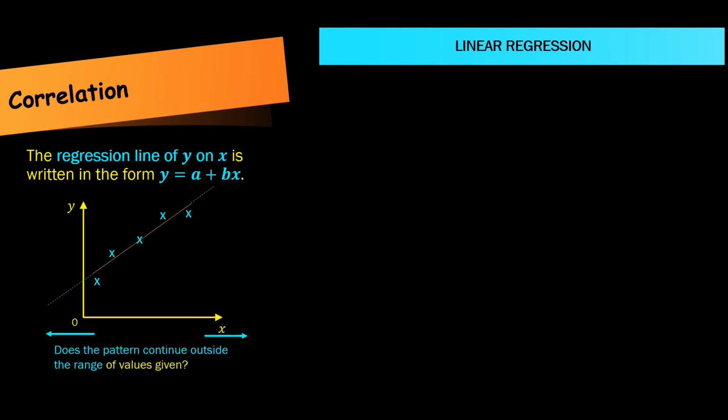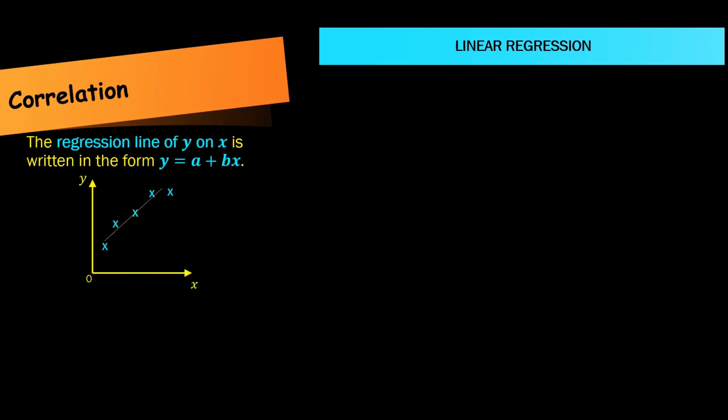However, we need to ask ourselves, does the pattern continue outside the range of given values? If we are estimating values using the line outside this range, it is less reliable. Let's now consider the formal definitions of interpolation and extrapolation.